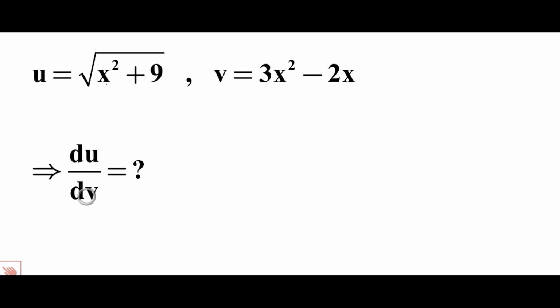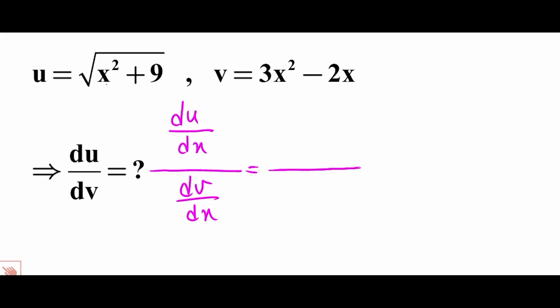So du/dv is equal to, we can say, du/dx over dv/dx. So du/dx is the derivative of the square root of x squared plus 9, which is 2x over 2 times the square root of x squared plus 9, over dv/dx, which is the derivative of 3x squared minus 2x, which is 6x minus 2.